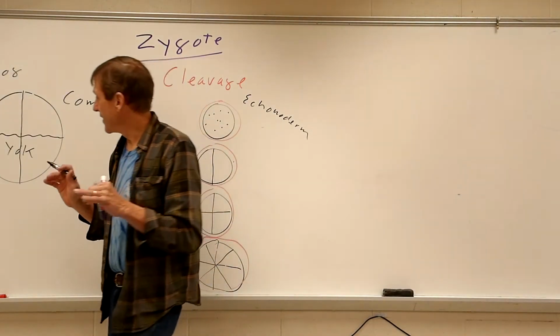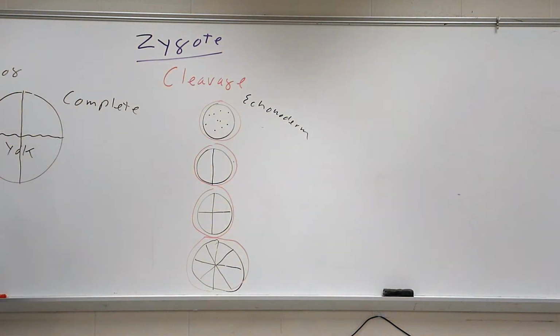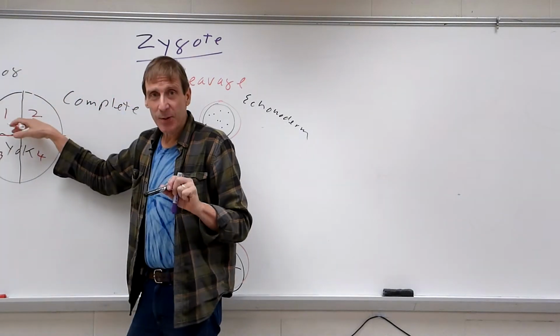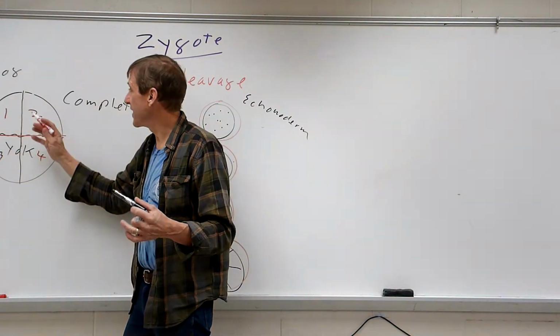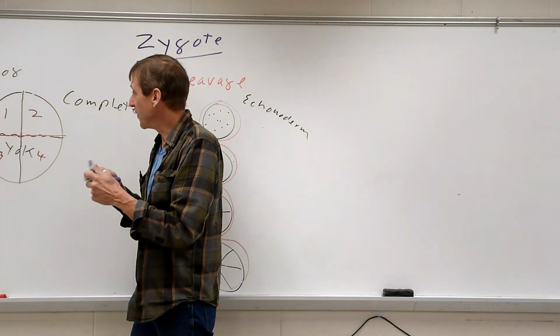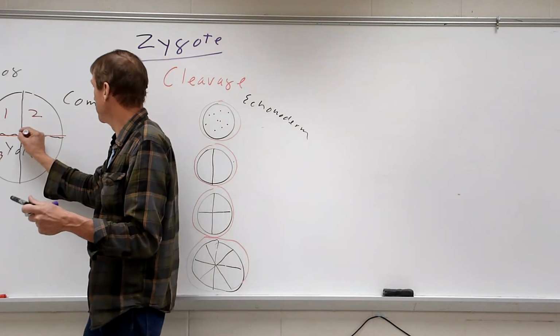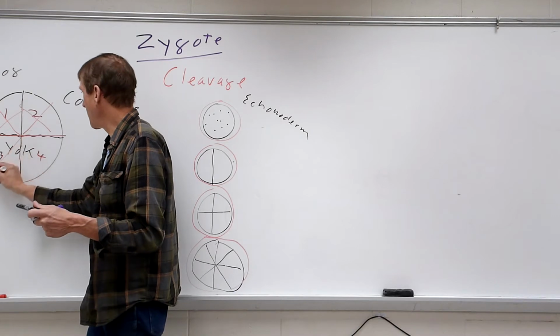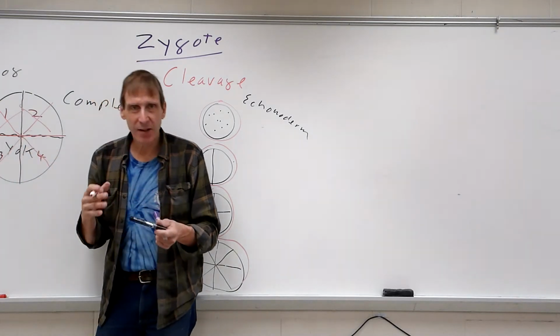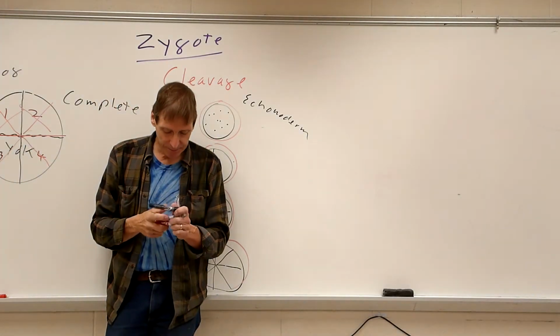But what happens as this egg divides, let's say we divide a second time here. Now, if you imagine you have 4 cells, 1, 2, 3, 4. The top 2 have the real light cytoplasm in them. The bottom 2 have that heavy yolk. As they continue to divide, these cells at the top will actually divide faster than the ones at the bottom, because that yolk tends to slow it down quite a bit.